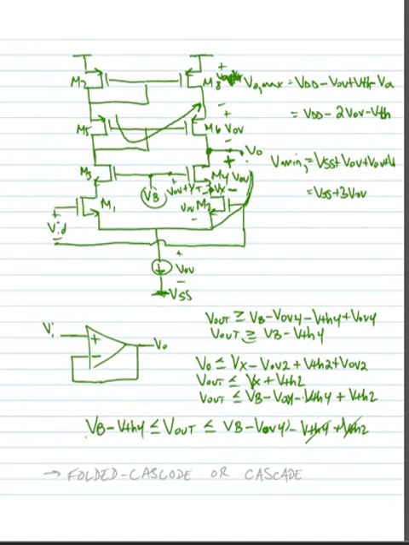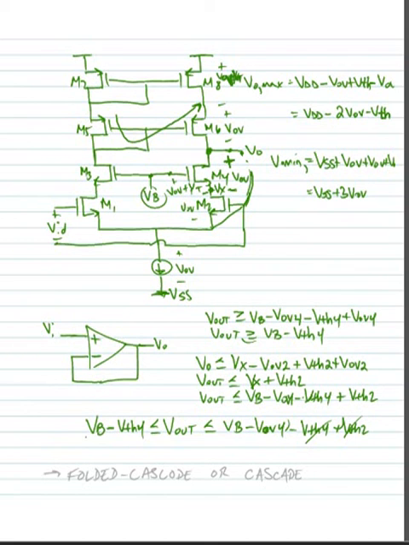So the thing to think about really is, what sacrifices did we make in going to a telescopic cascode? Well, we made sacrifices in terms of what our total output swing can be, in general, but especially when we hook the device up as a voltage buffer. And we did that so that we could get high gain.